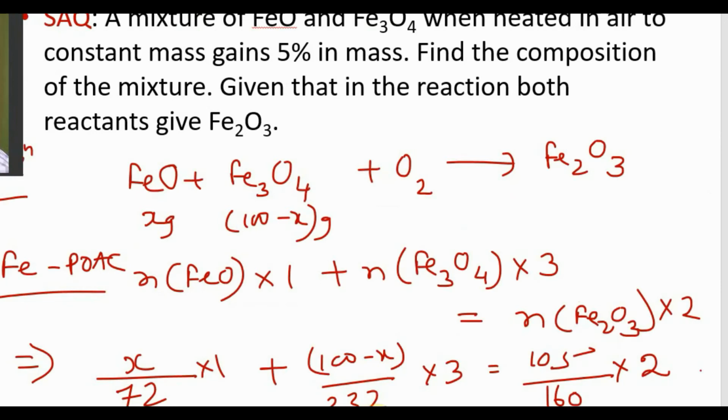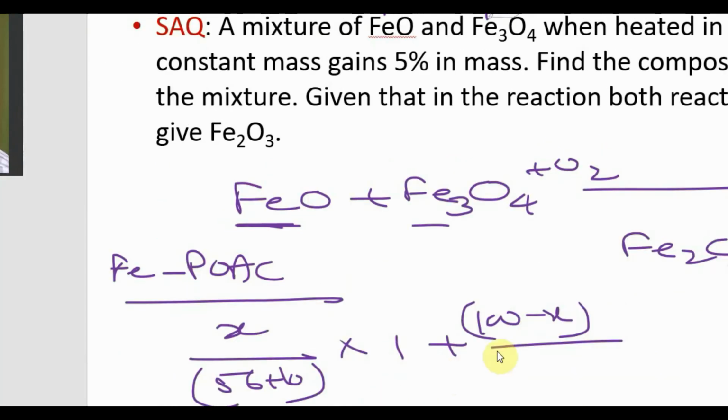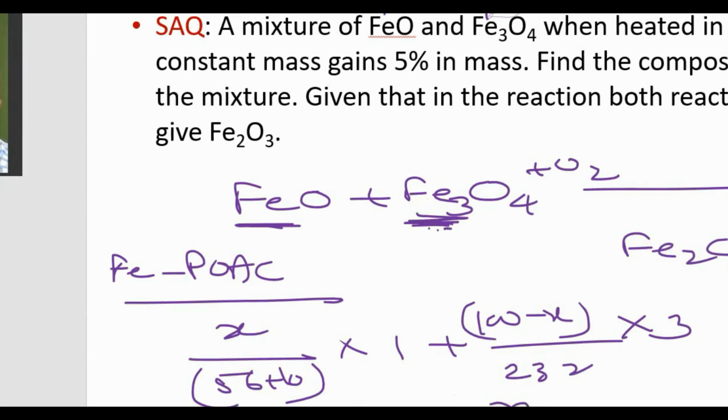I have already found out it is 232, into 3, because here there are 3 atoms, is equal to the number of moles, which we do not know, of Fe2O3 into 2. Right? And that is equal to this.